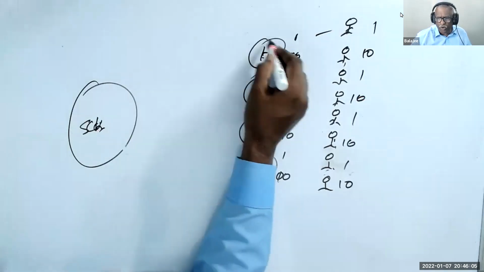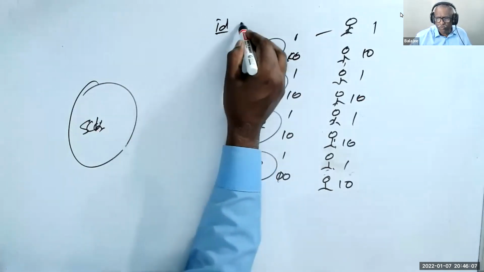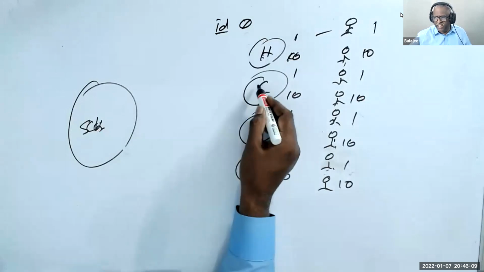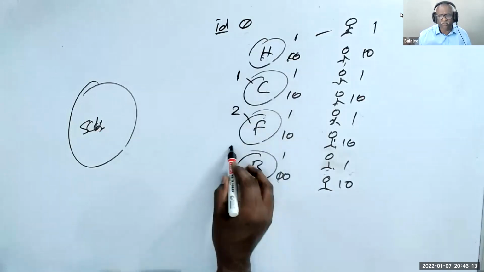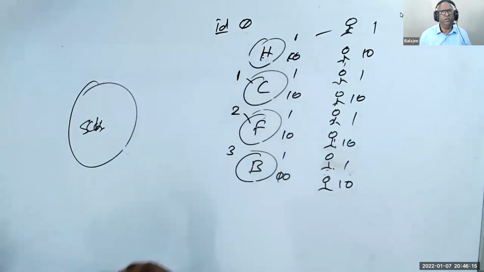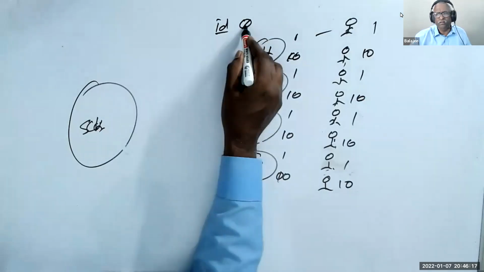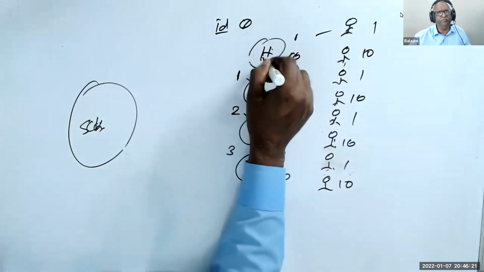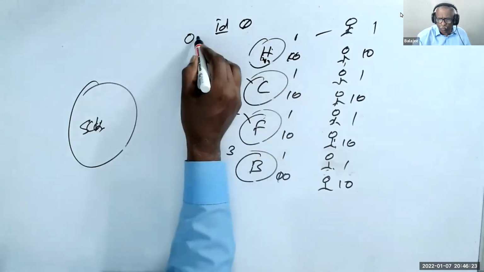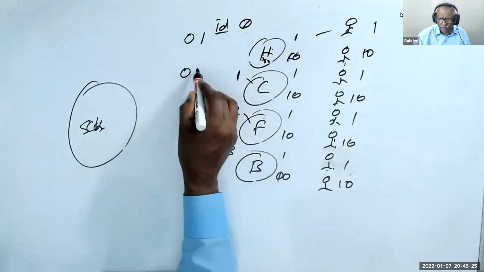I give an ID called ID 0. I give an ID here 1, ID 2, ID 3. We call it ID. Now this is 0 and you have 10 people. So this hockey team starts with 0, 1 to 0, 9.